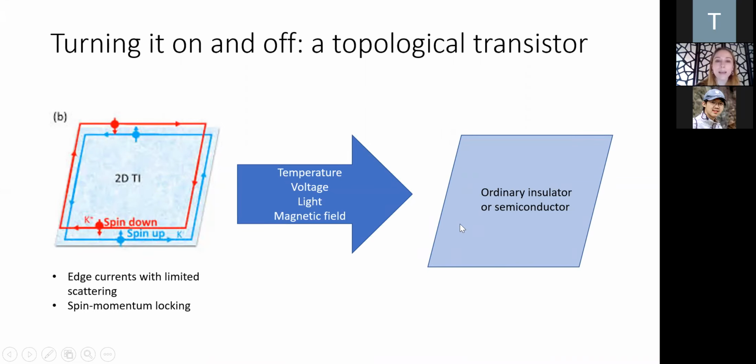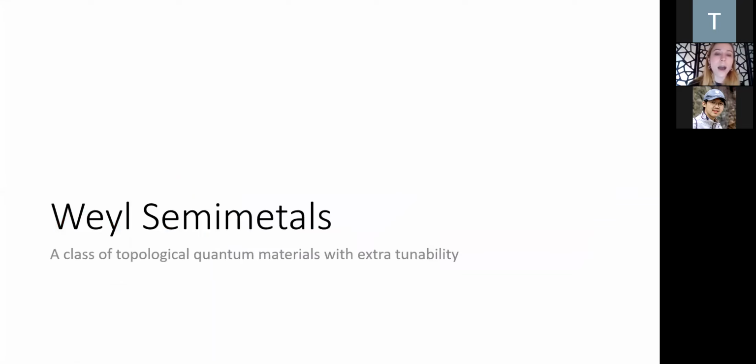This is something which my group's research touches on, that I'll get to in the coming slides with a slightly different topological quantum material. And I'll go through this very quickly because we're coming up on the 6 o'clock hour.